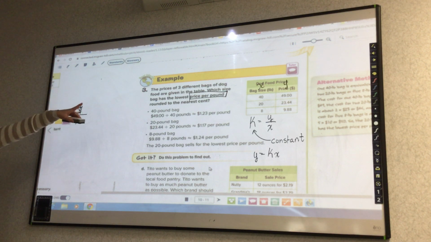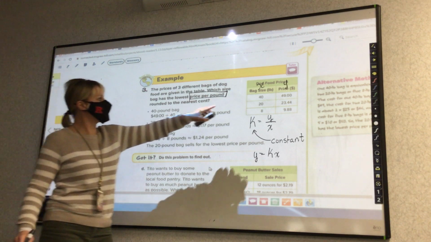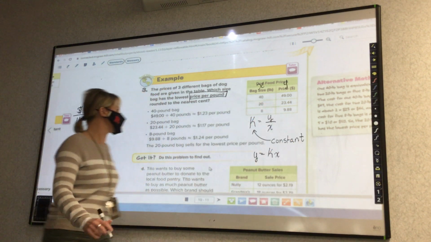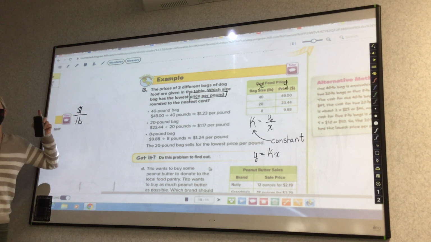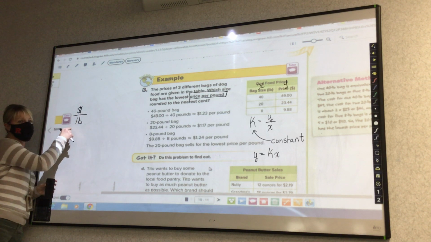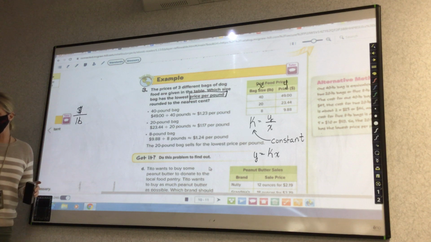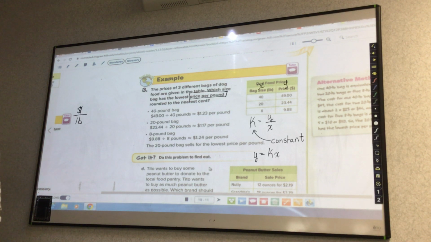Then I'm going to go over to my chart and find that the 40-pound bag is $49. Does the 40-pound bag go on top? No. A lot of times people want to do it. That's exactly why I do this first. Sometimes I want to do it when I forget about it. Because they might say you get 5 shirts for $25.